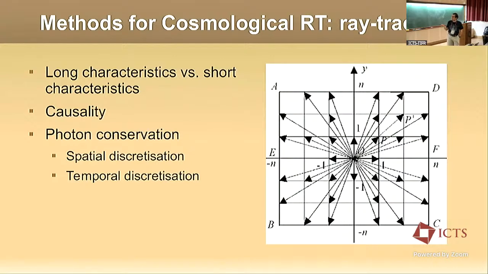So the same principle. And then you need to have something called photon conservation, which is important. Why? Because in principle, photons should be conserved, in the sense that not that photons are forever the same, but whenever you emit a photon, it either gets absorbed or it doesn't.